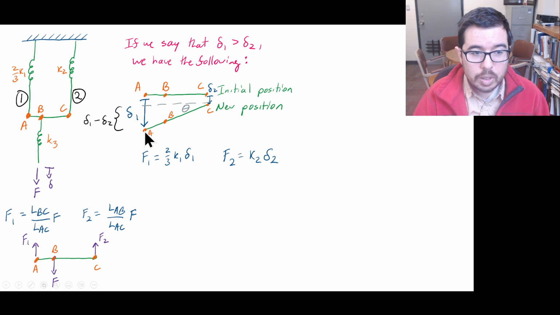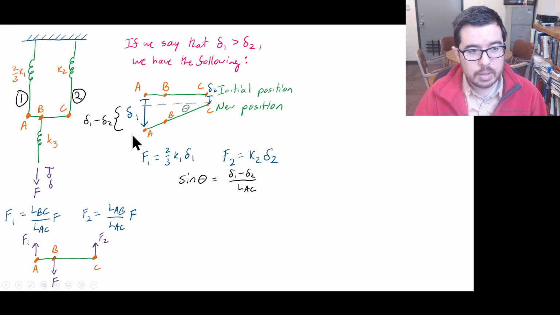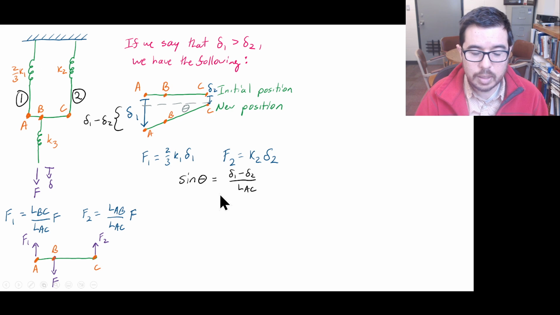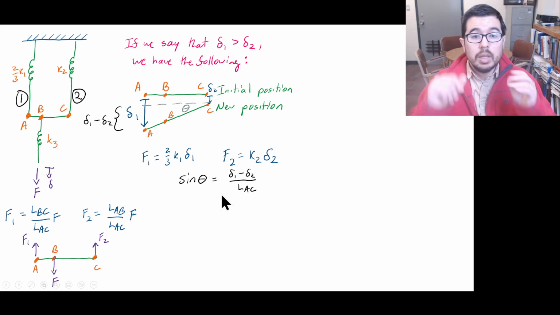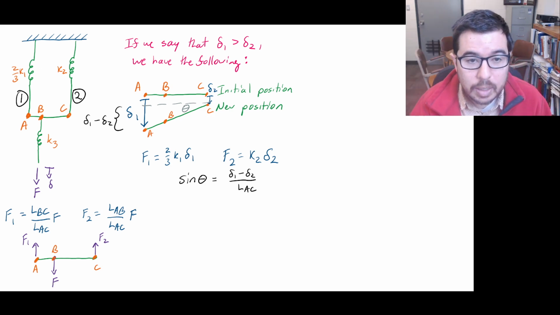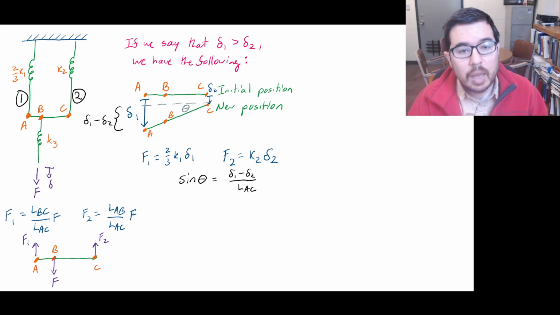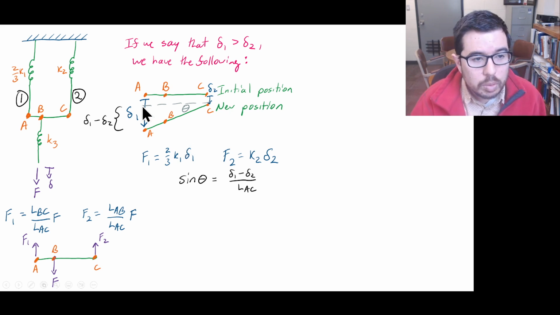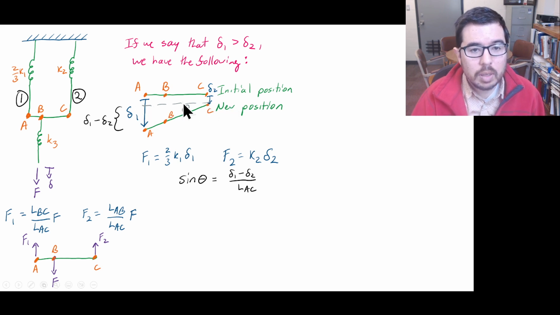And we know the length of this hypotenuse, so why not say that the sine, the opposite over the hypotenuse, is delta 1 minus delta 2 over LAC. Now, other people may decide that they want to use the adjacent, what we're thinking is adjacent as LAC.